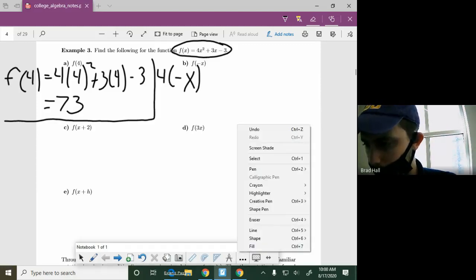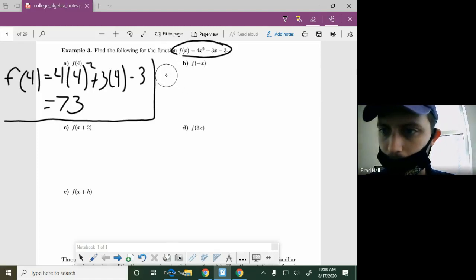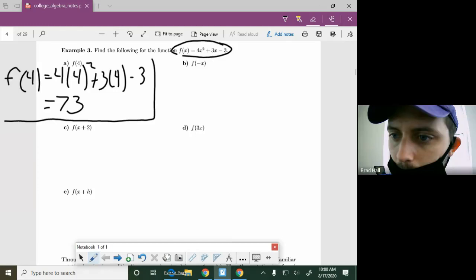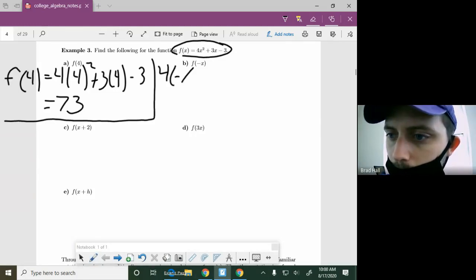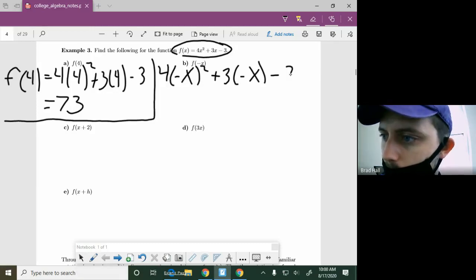Might need to write this a little bit smaller. Try that again. Okay, so 4 (negative x) squared plus 3, and again, I'm using these parentheses.